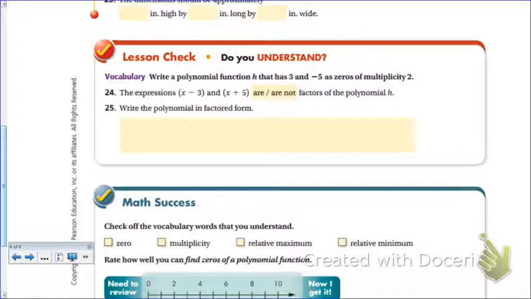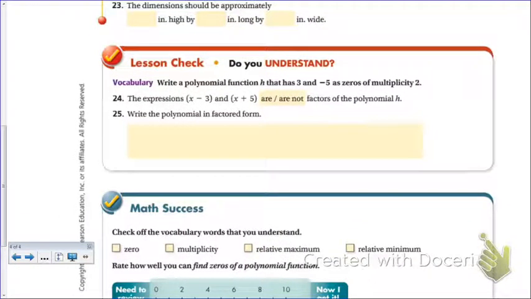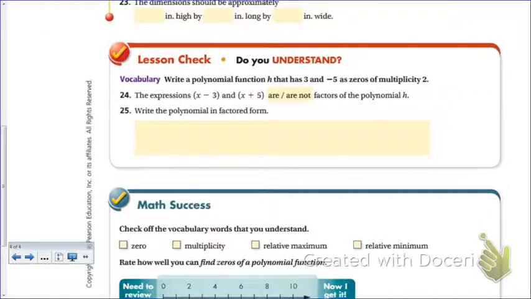Alright, and the last one here, it says write a polynomial function h, that's its name, that has 3 and -5 as zeros of multiplicity 2. That means the 3 shows up twice and the -5 shows up twice. It says the expressions x minus 3 and x plus 5 are or are not factors of the polynomial. They are factors because if I go backwards from 3 and -5, I'm going to get x minus 3 and x plus 5.